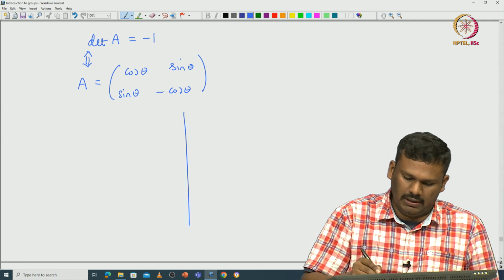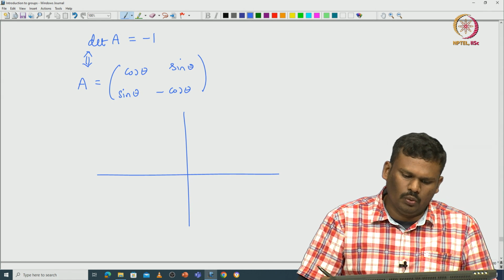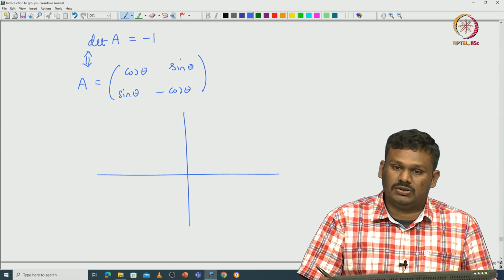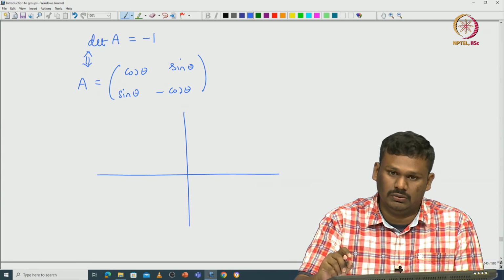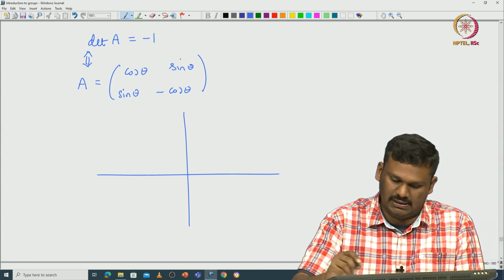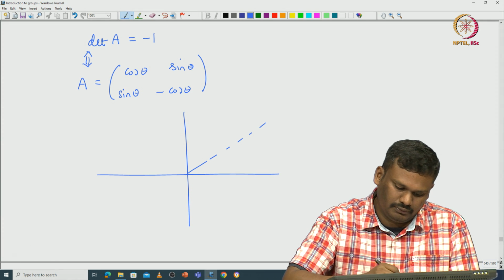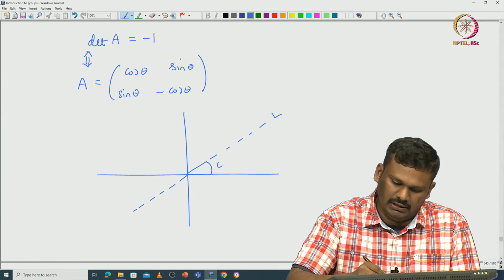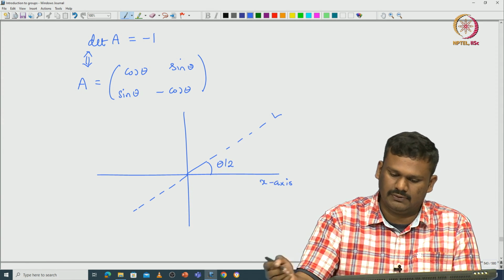The plane looks something like this. Then you can draw a line which passes through the origin that makes angle theta by 2 with respect to the x axis. So, this line makes angle theta by 2 with respect to the x axis.